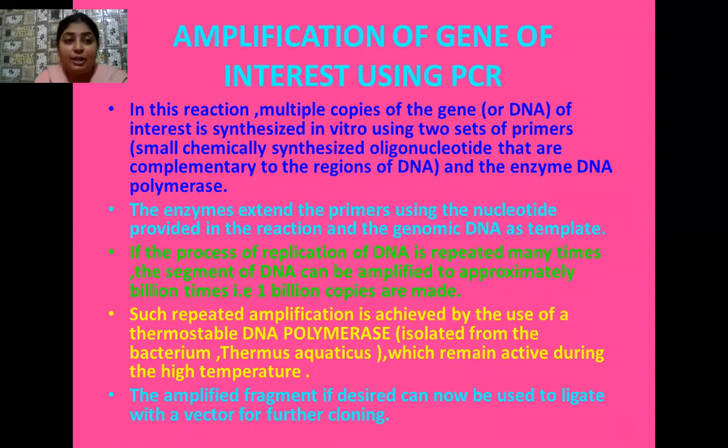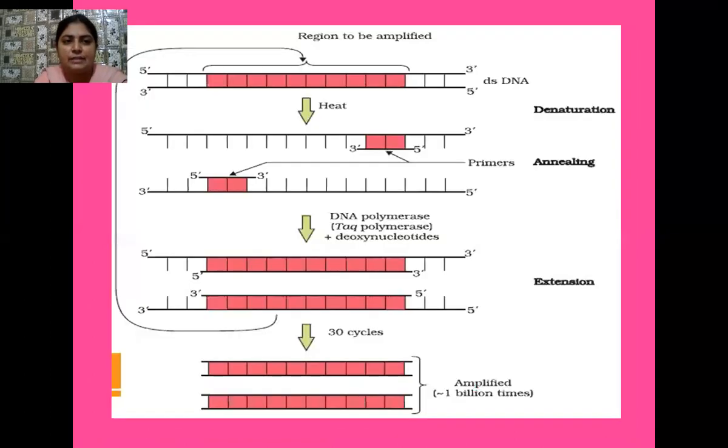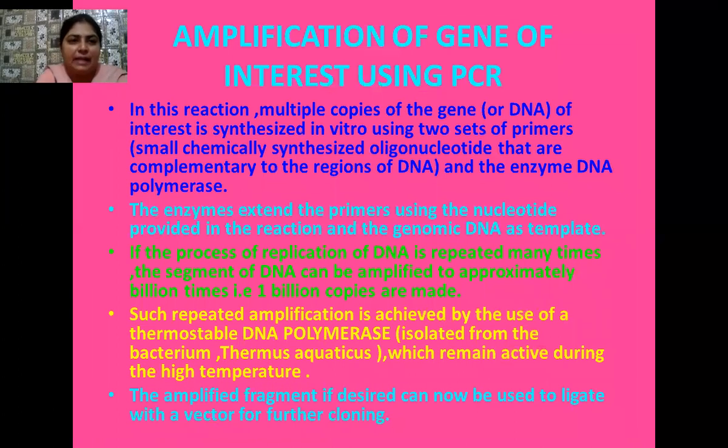Yes, students, the third very important step is amplification of the gene of interest using a special technique, and that is known as PCR. Here the term PCR stands for polymerase chain reaction. PCR is a kind of reaction in which you can obtain multiple copies of your gene of interest under in vitro conditions.